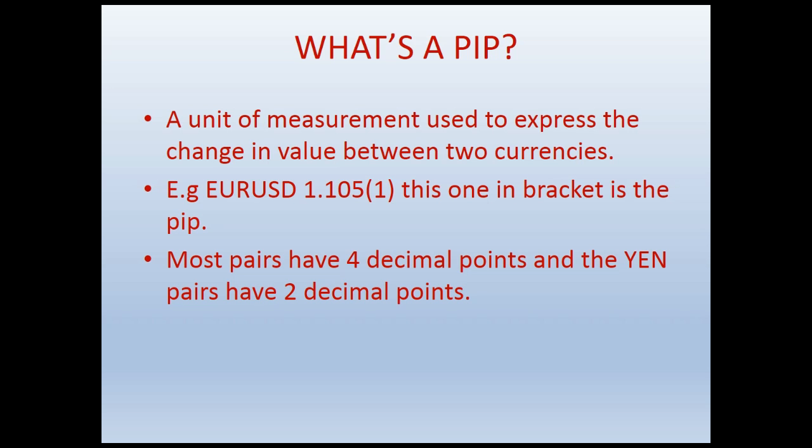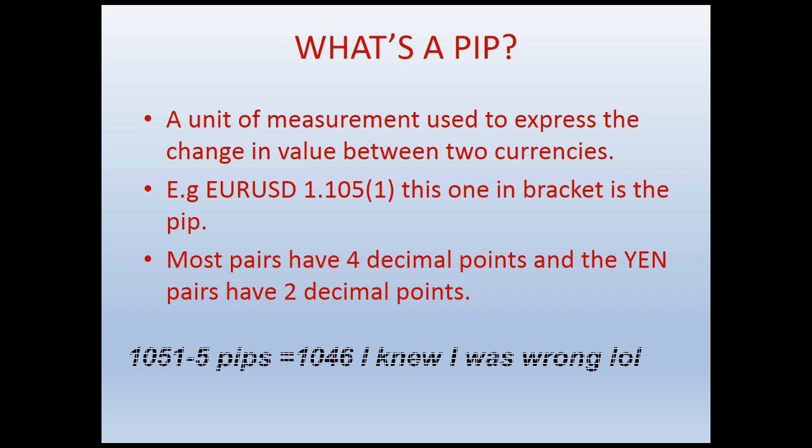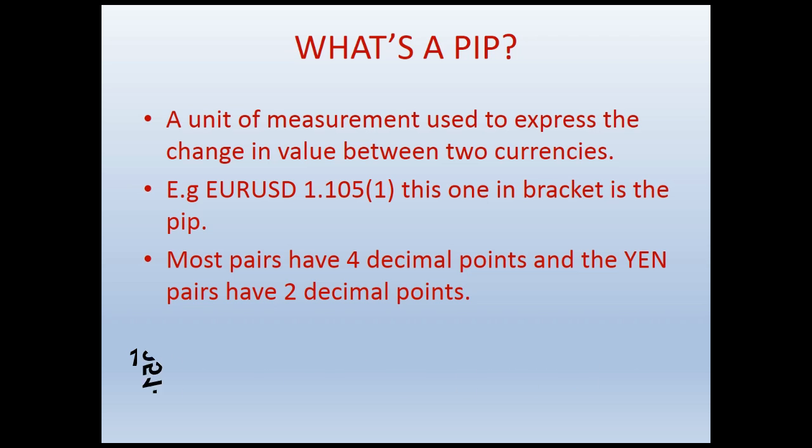If the currency were to depreciate by 5 pips, from 1.1051 minus 5 pips, we have 1.1046, I believe. If I'm wrong, guys, I'm not a maths guru, I'm not so good with numbers, you'll forgive me. Let us just make an example.